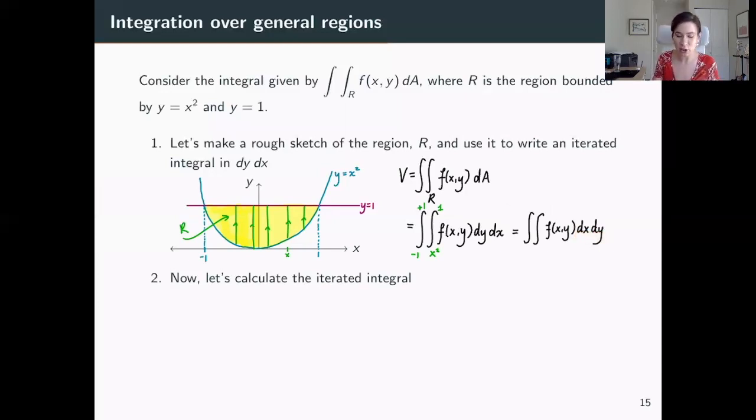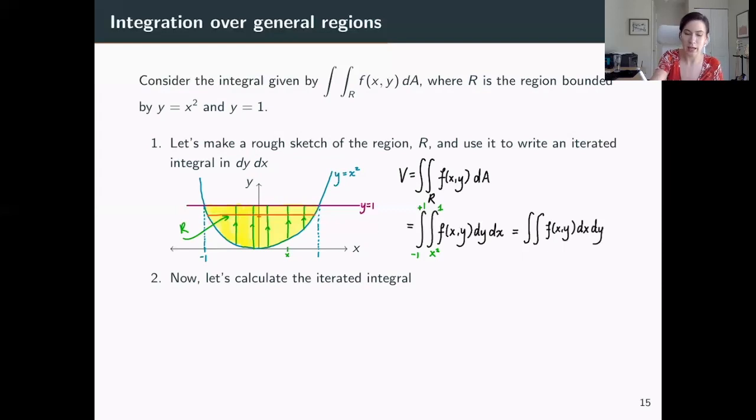So for a change in x, we can see that if we choose a value of y here, our x's are going to vary from one value to another value. So here I choose a particular value of y, and I see that my x is going to be varying from, in this case, negative root y all the way to positive root y.